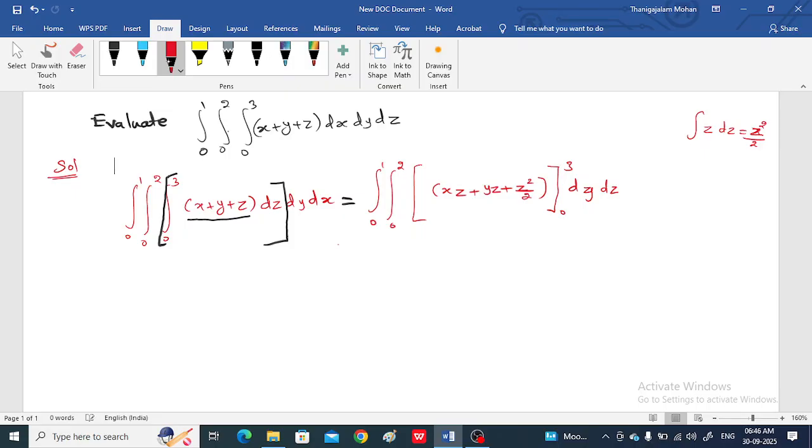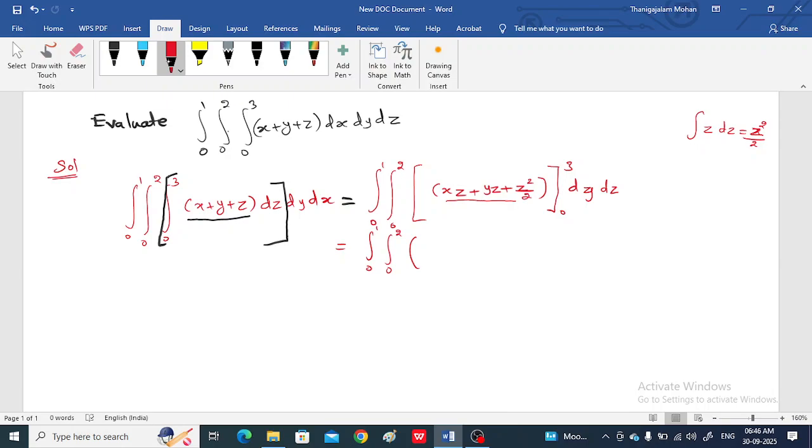I will write these things the same and substitute the limits of z in this expression.